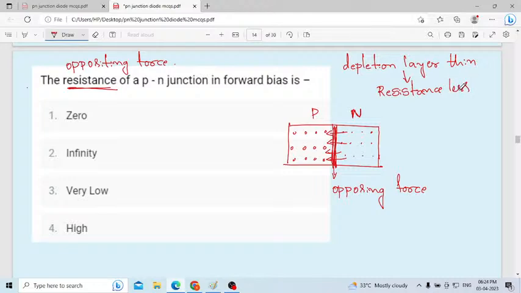Then answer my question. I explained. Think. It is not zero. The resistance of a PN junction in forward bias.